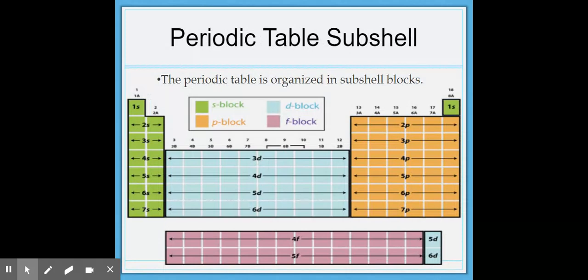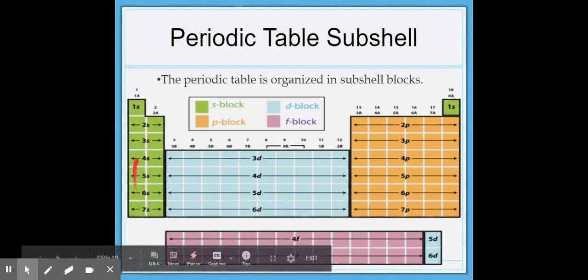Why it's a simplification is that the periodic table is actually organized into sub-shell blocks. So there's a lot more information that the periodic table can tell us. These sub-shell blocks involve numbers and letters. You see there's a 1s here, a 2s here, and down here a 3d. The areas where the letters are the same, like these that are all s's, we call the s block.